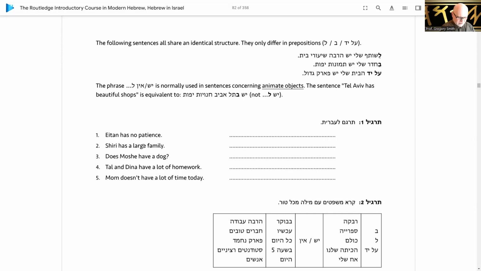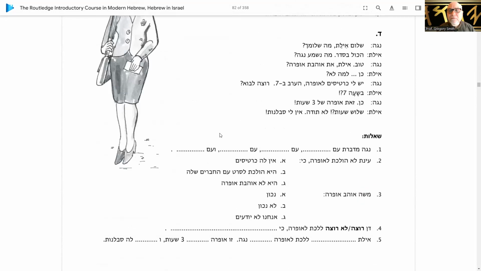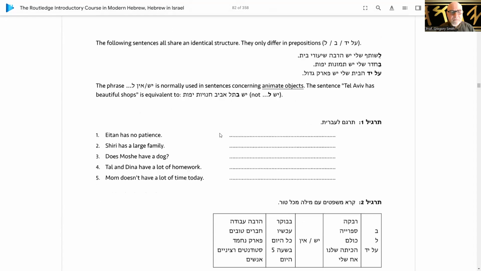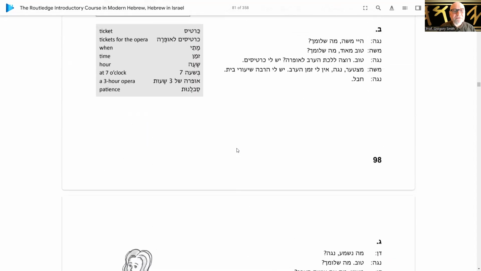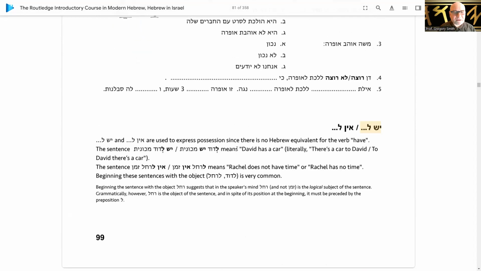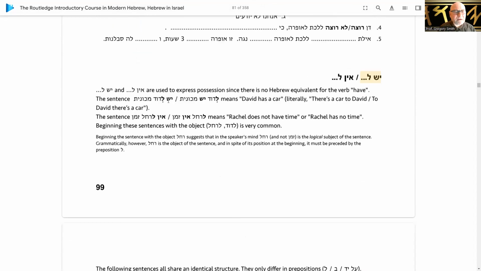I think we might have it now, if I can figure out how to spell Shiri. But basically we should have yesh le'shiri mishpaka gadol. Or it could be the other way around, like this.